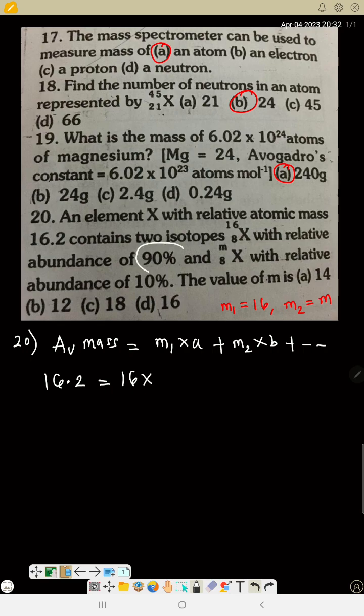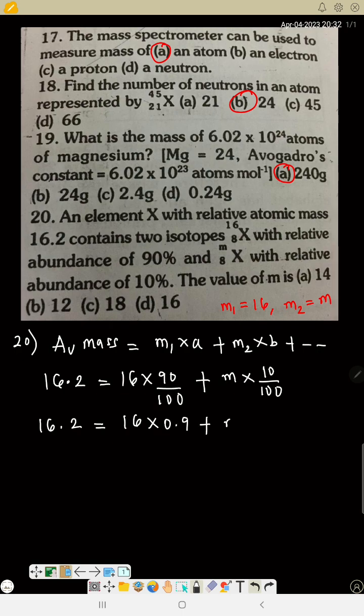The percentage of the first one is 90%, so that is 90 over 100, plus M2 is M times the percentage, 10%, so that is 10 over 100. So 16.2 is equals to 16 times 0.9 plus M times 0.1.